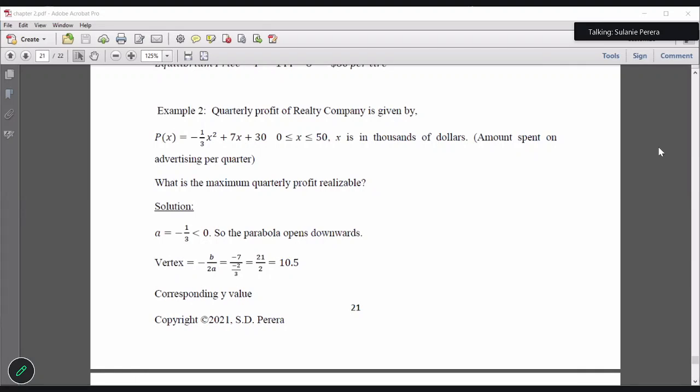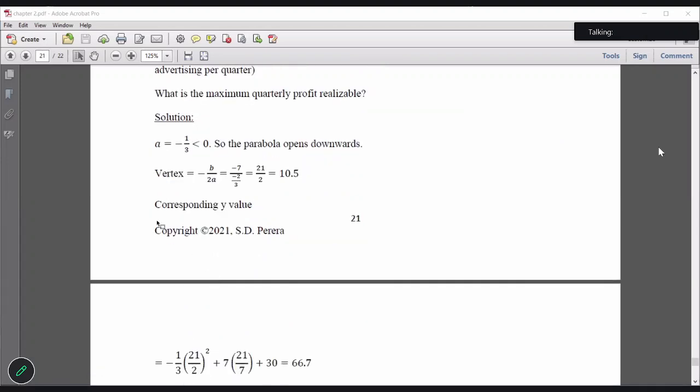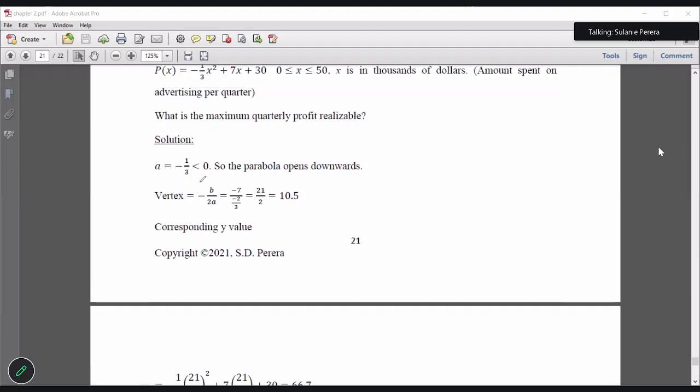Since the sign is minus, it will be a maximum value. Good. So we have a maximum here because it's minus.